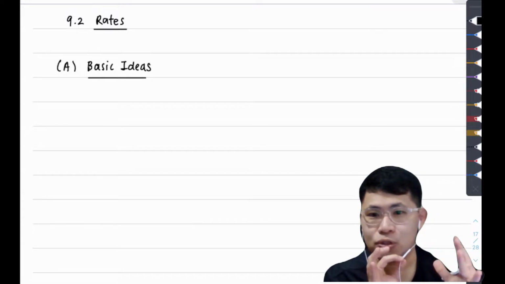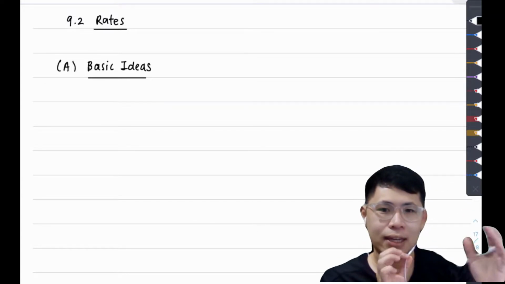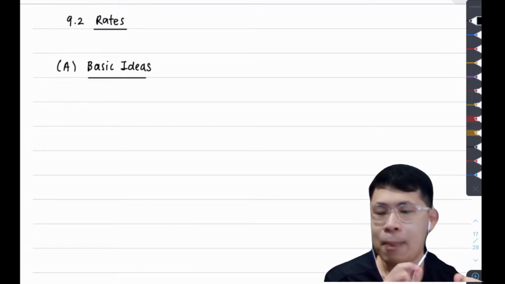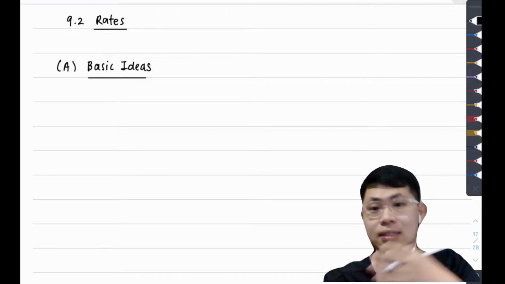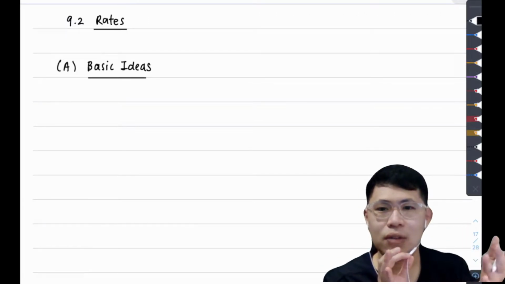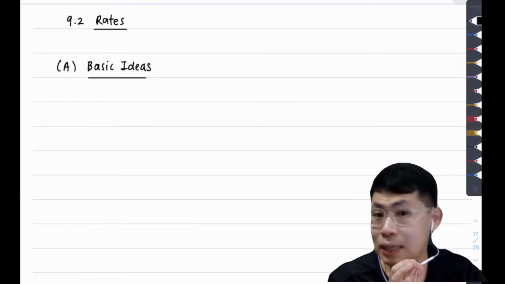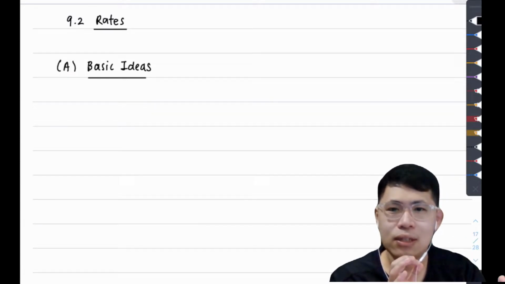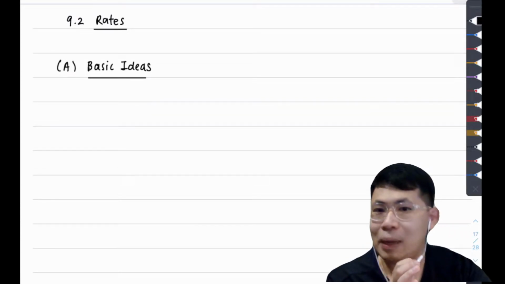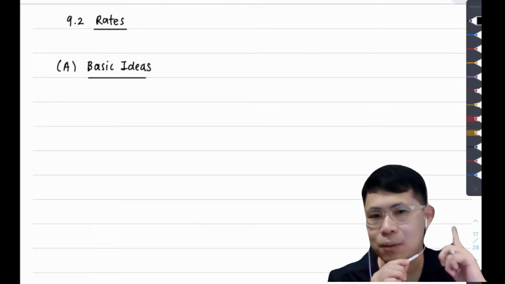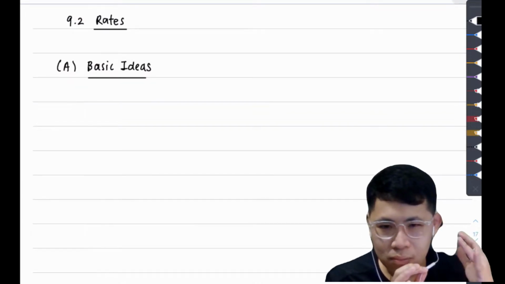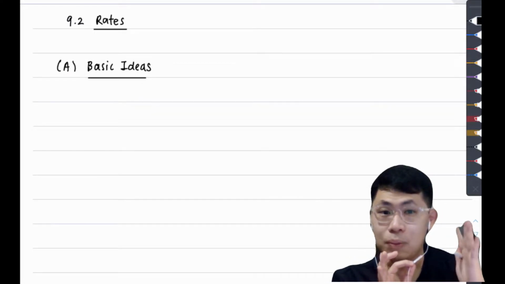They are different from ratio. In ratio, we compare things of the same kind. For example, the three quantities are distances, or the questions that we've seen before relate to money, so every quantity is money, money, and total money. But for rates, we are going to compare quantities that are different.